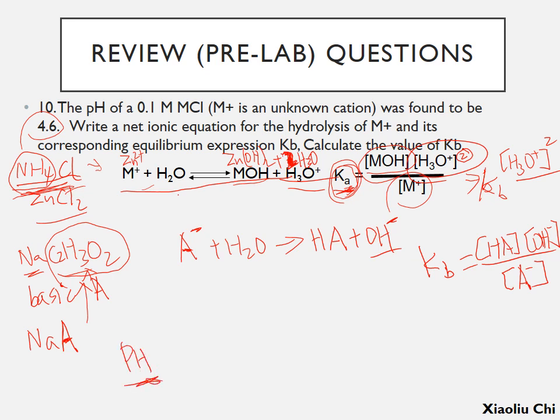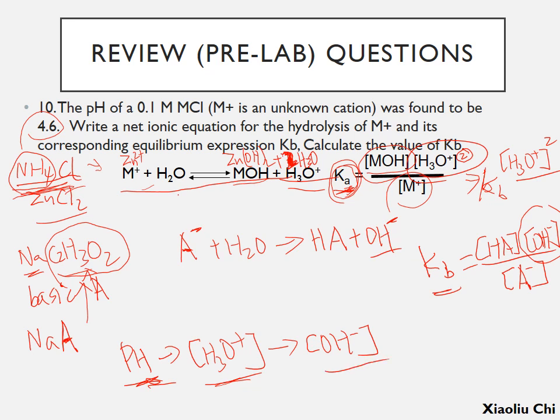The pH value is estimated from the color, and then you calculate the hydrogen ion concentration, because pH is defined as the negative log of hydrogen concentration. So from pH you can calculate hydrogen ion, but Kb includes OH, not hydrogen ion. So you need to calculate the hydroxide concentration. Remember, the product is 10 to the minus 14. So from hydrogen ion, you calculate hydroxide.